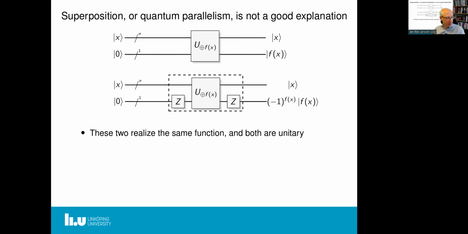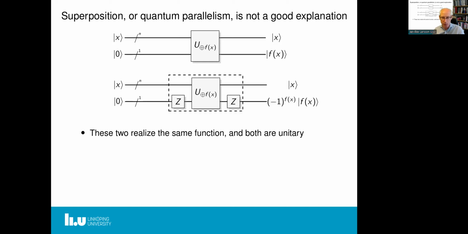So imagine you have a unitary which implements f of x. This unitary, what you typically require is that the x value is mapped onto the correct function value here. And that's typically all that's said. It's supposed to be unitary and contain the correct function map. And I will now tell you that this is not enough.